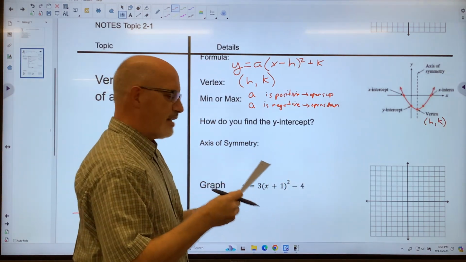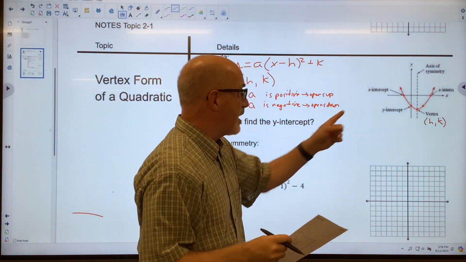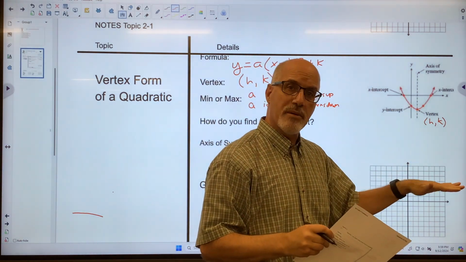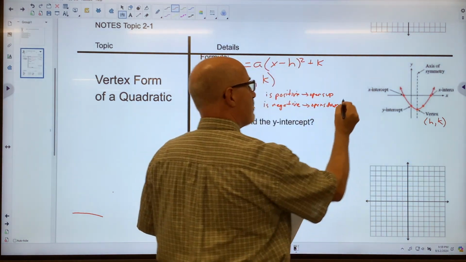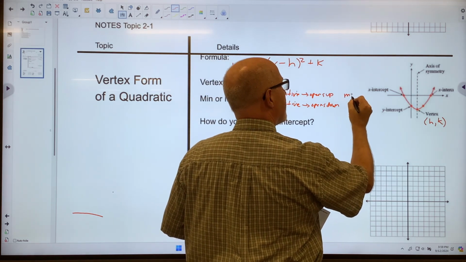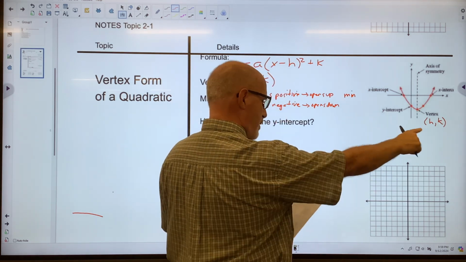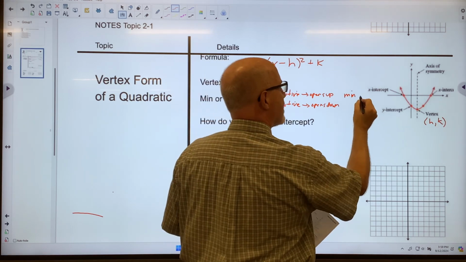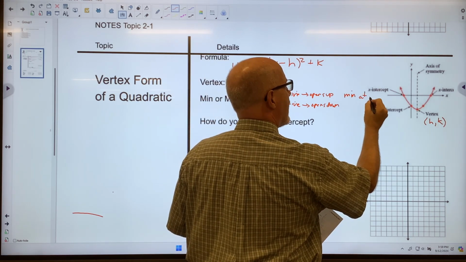So if we have it opening up, like this one does, we have a lowest point, a minimum. So opening up, we have a minimum. And the minimum value is that y value at the vertex. Minimum at y equals k.